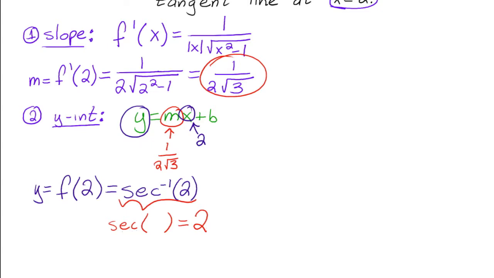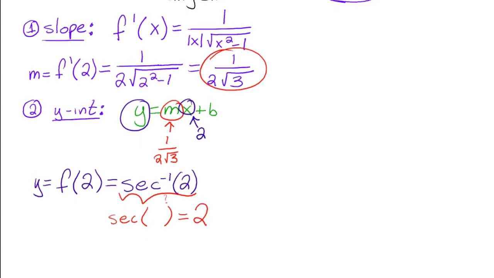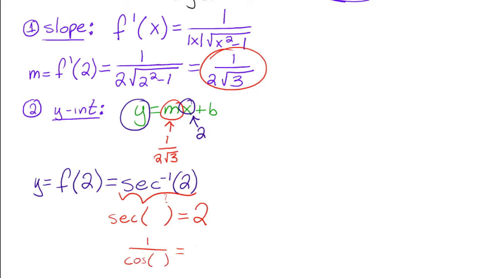Instead of thinking of it as secant of what angle is equal to 2, let's convert it into cosine. So this is the same as saying 1 over cosine of what angle is equal to 2. Or in other words, cosine of what angle is equal to 1/2.